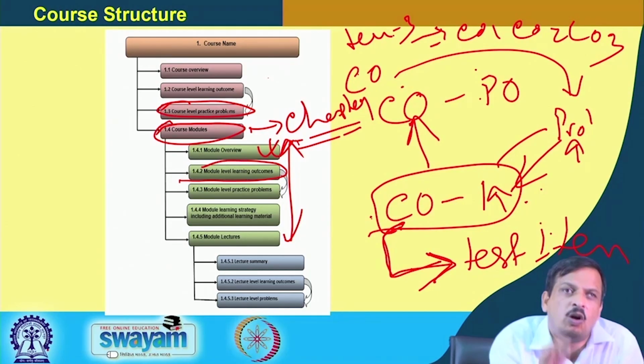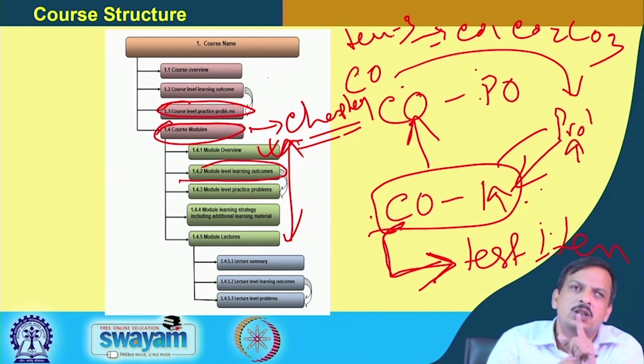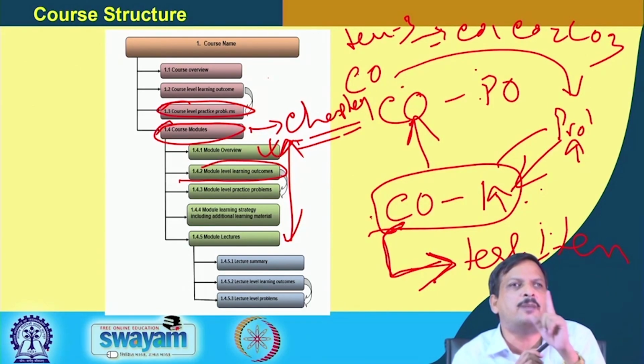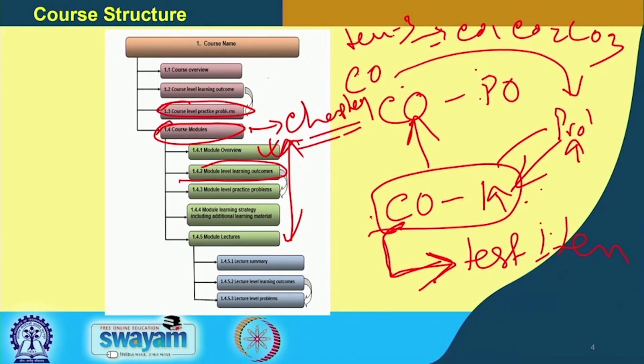Here it is the course level learning outcome, CO. CO is the major takeaway by the students from the course, or the major skill they have to develop. What is a module learning outcome? The outcome which has to be developed for that particular module. When you write the module outcome, it must be achieved within that module.